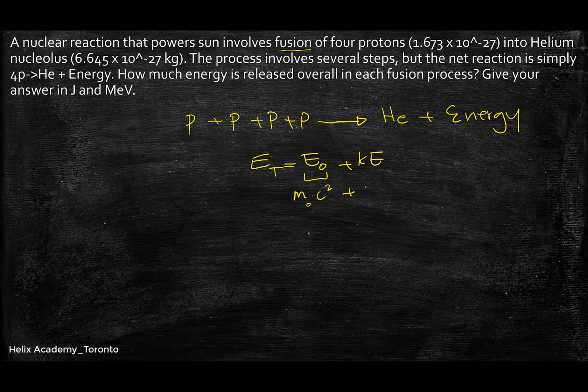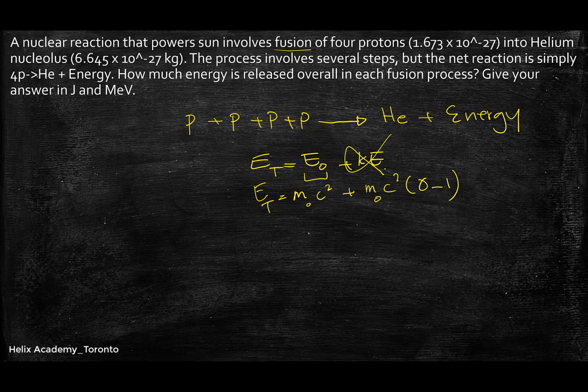Kinetic energy is the mass times c squared times gamma minus 1, and this is equal to the total energy of a high speed particle. Now, in this process, none of these things are speeding, so they're not really moving, so we don't really deal with kinetic energy in this case.